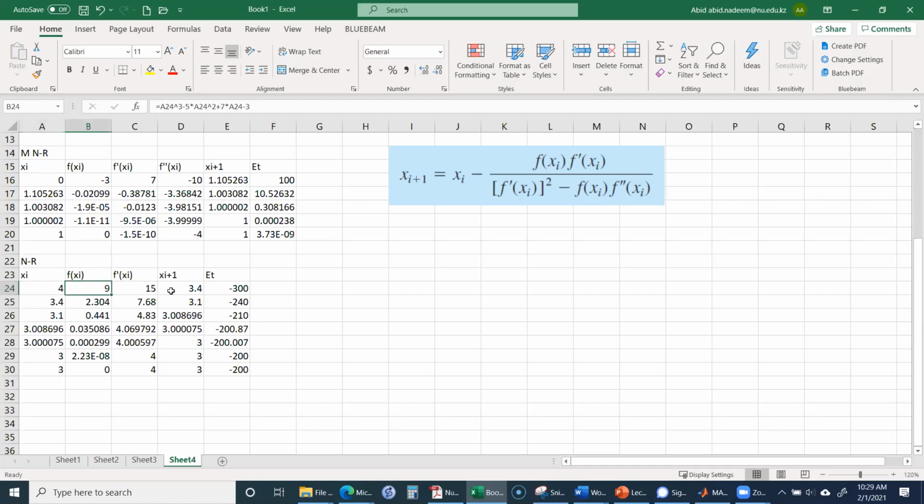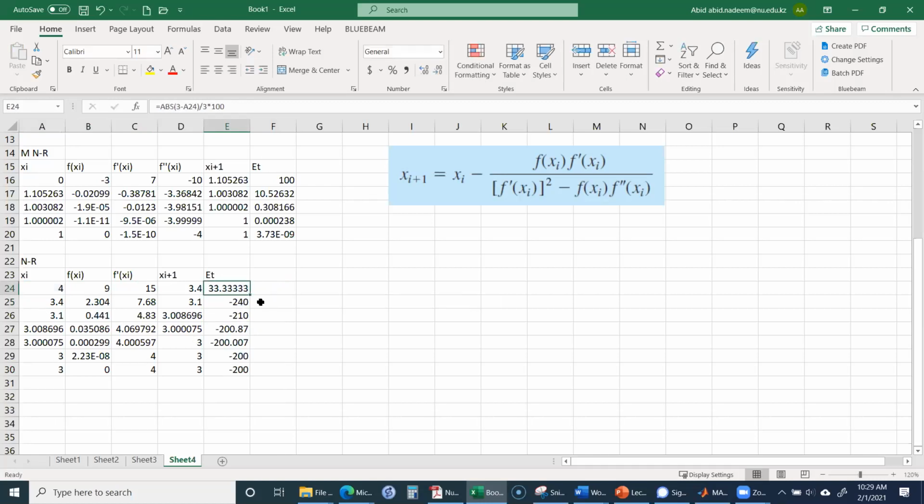So in this case, now the values are changing. I need to change this term over here because the true root is 3 in this case. So I have to take 3 over here, and then take the absolute value.